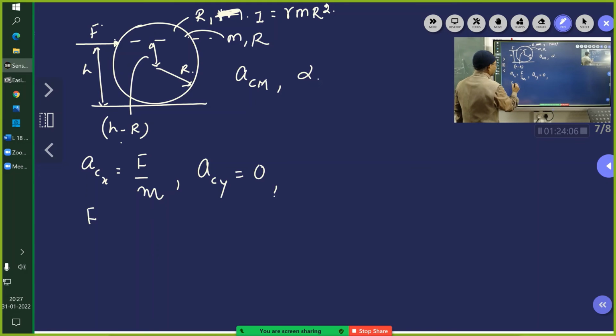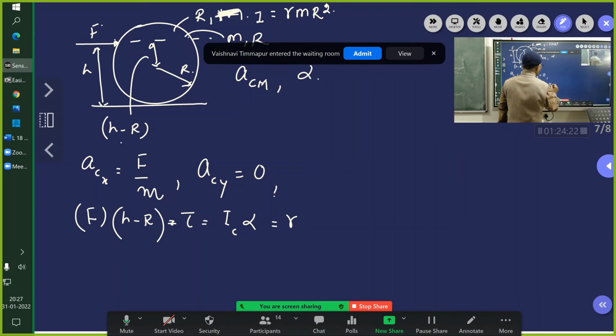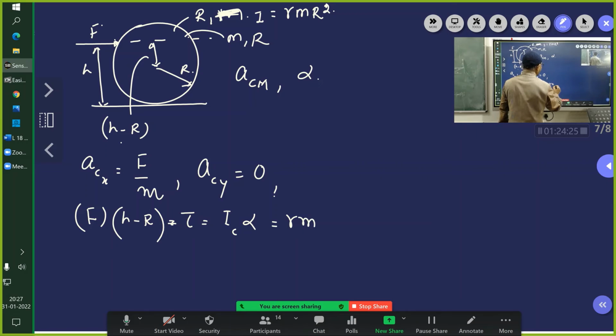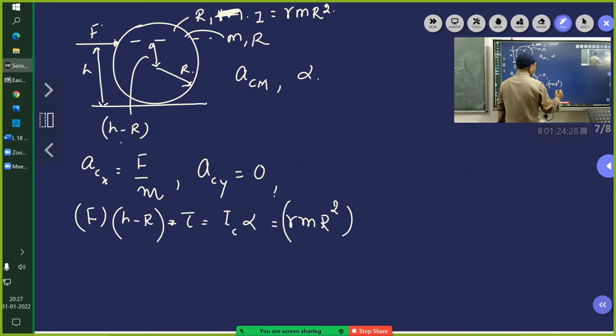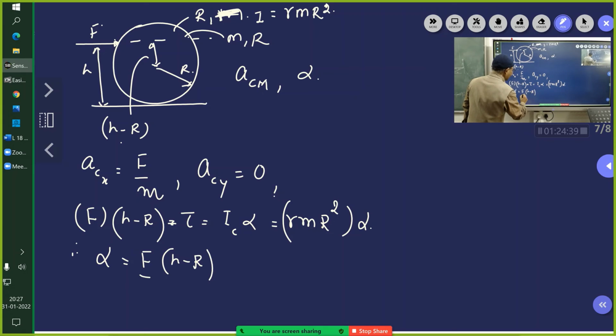Then F into (H minus R) will be equal to tau, and tau will be IC into alpha, and IC they have told is gamma m r square into alpha. Therefore alpha must be equal to F into (H minus R) divided by gamma m r square.